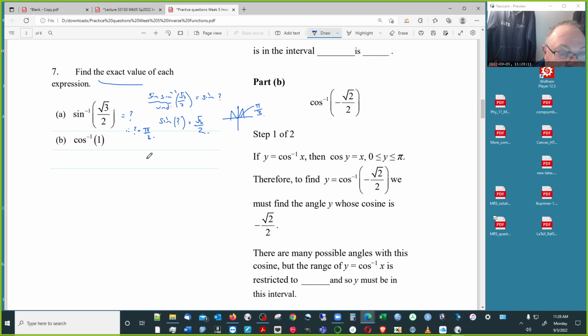Now we can do the same approach here. We can go cos inverse of 1 equals, and I'll make it x, the cos of x. Therefore, the cos of x is equal to 1. Now I could have put theta, that might have been more apt. I just wanted to express it as a variable, but maybe the trigonometric variable is a better one.